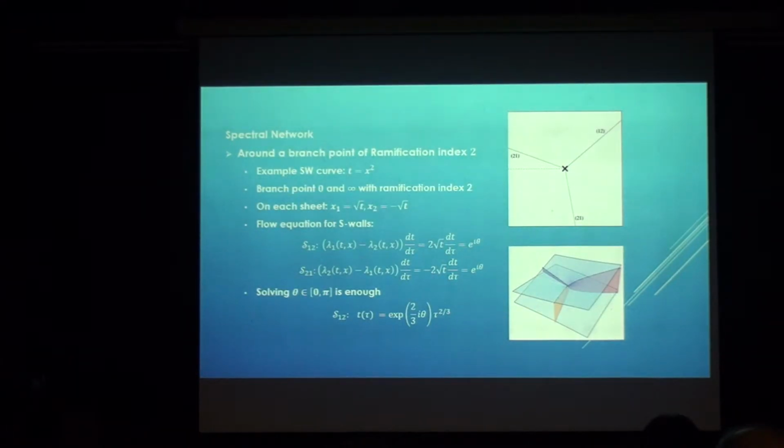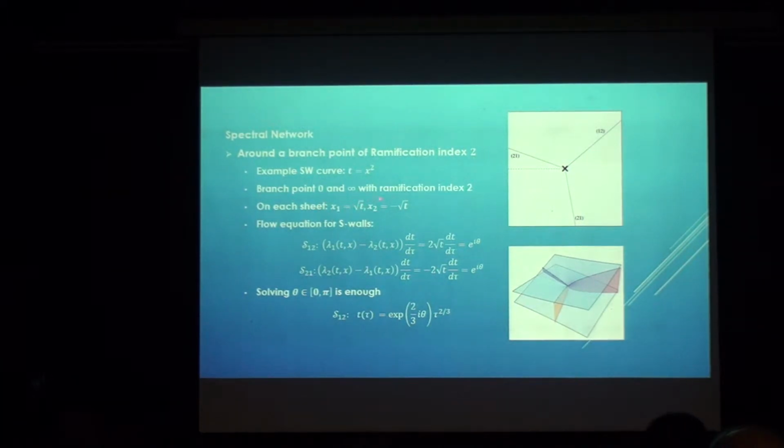This is the simplest example of a spectral network, constructed around a branch point of ramification index 2. The Seiberg-Witten curve is just t equals x squared, and this is a surface covering the complex plane twice, with branch points at 0 and infinity.